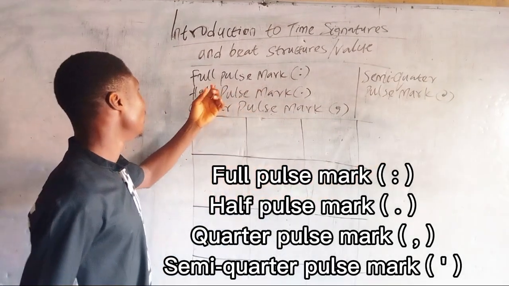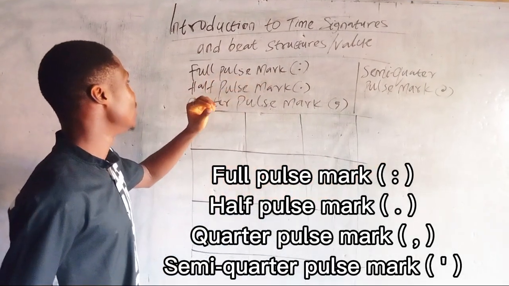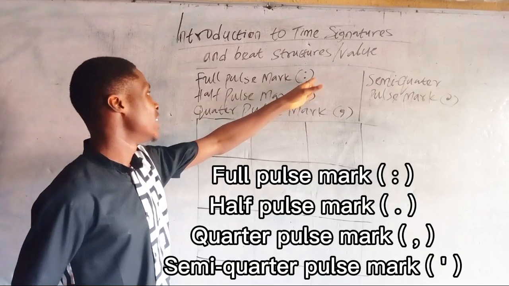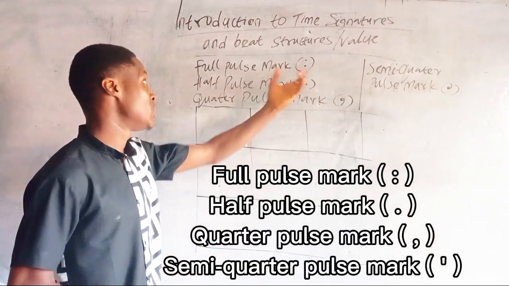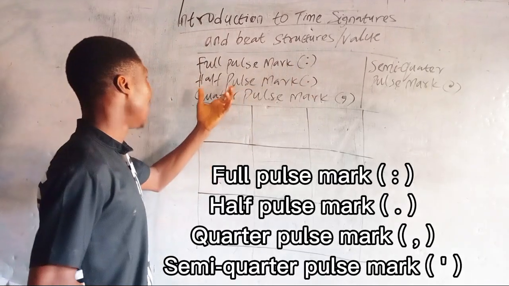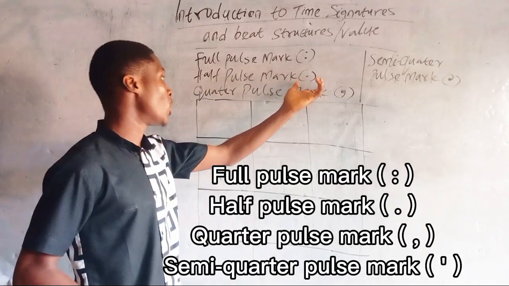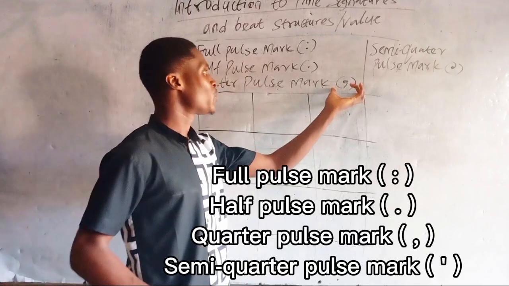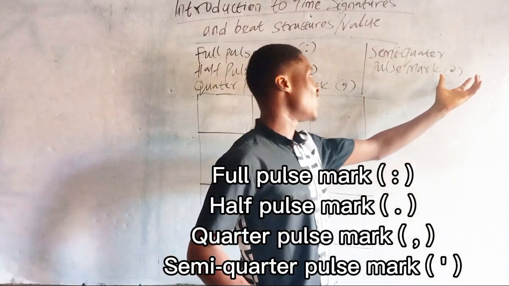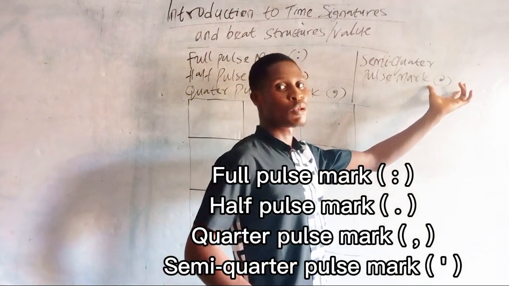Now, the full pause mark is represented by a colon in English. The half pause mark is represented by a full stop. The quarter pause mark is represented by a comma. Semi-quarter is represented by an inverted comma or an apostrophe.